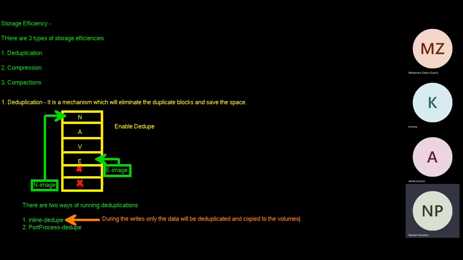Whenever we copy some data, it will scan and apply deduplication. Once deduplication is completed, only then will it commit the data to the volume. It will scan for duplicate blocks, eliminate them, and only after that copy the data to the volume. That is how inline deduplication works.